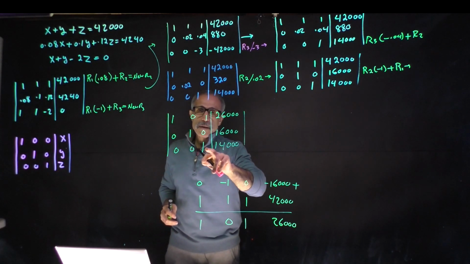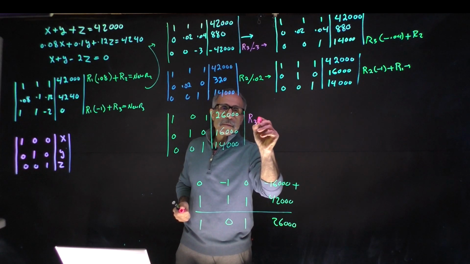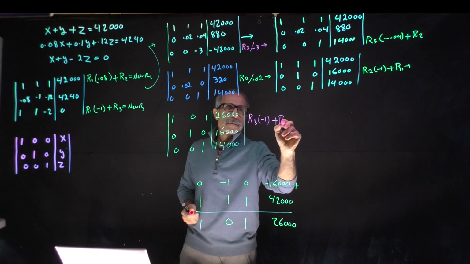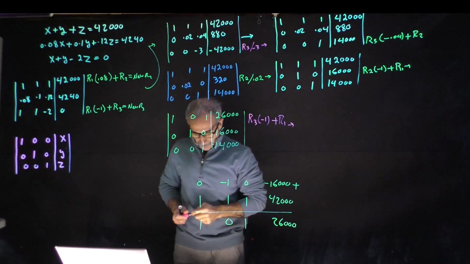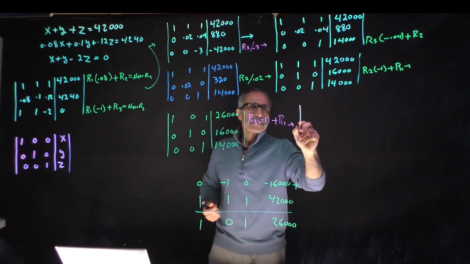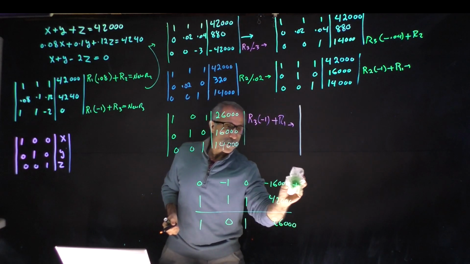To make this 0, multiply row 3 by negative 1 plus row 1. Okay. And now let's erase this number and see how we're going to get there.